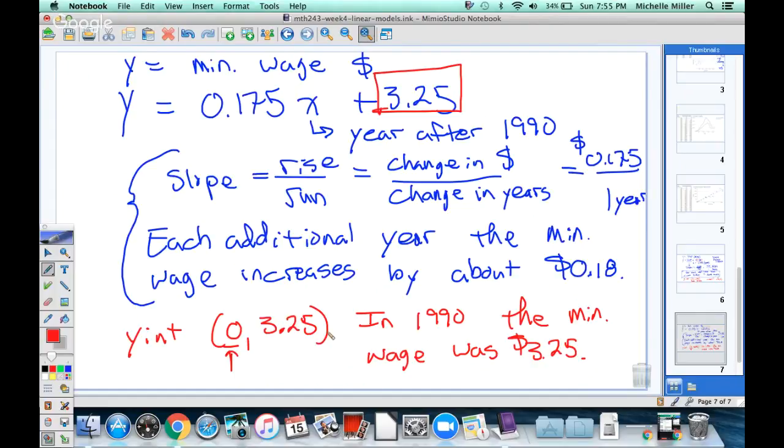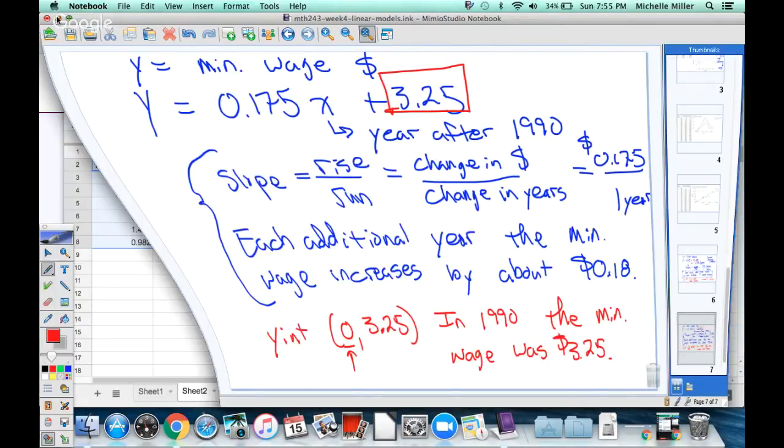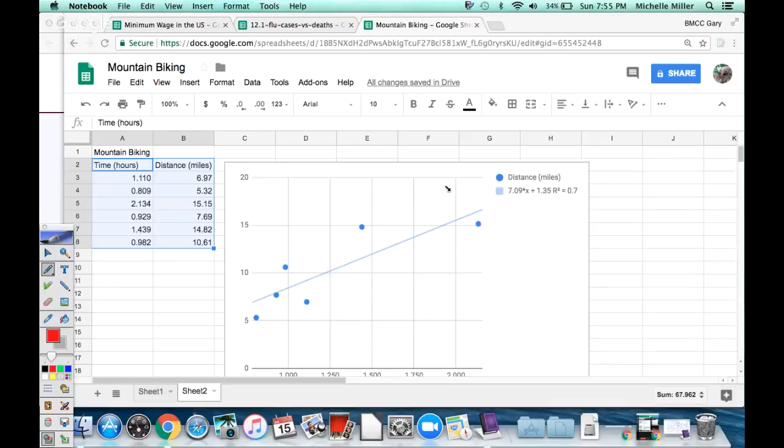Other things to consider besides interpreting the slope and the y-intercept of a linear model that we find for the data is, can we use the model to predict stuff? So what if I biked for an hour and a half? Would I be able to predict about how far I can go?